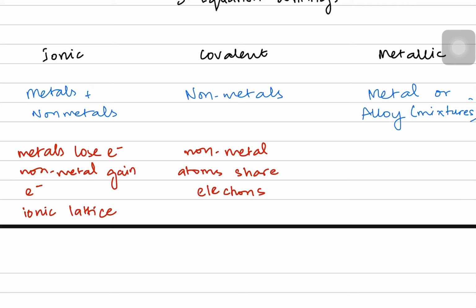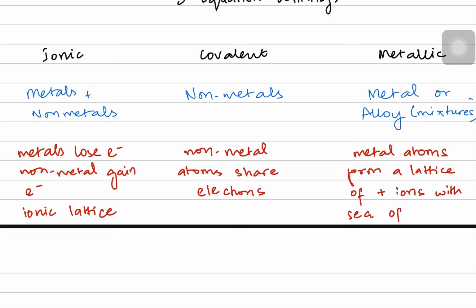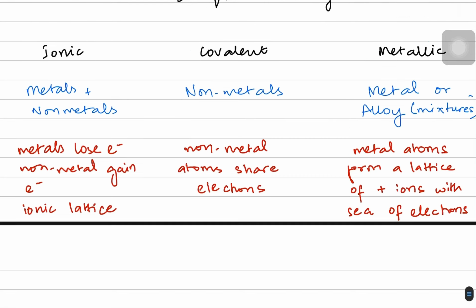Metallic bonding happens when metal atoms form a lattice of positive ions. A lattice means a regular arrangement, a lattice of positive ions with a sea of electrons. So that's the description of these three kinds of bonding.